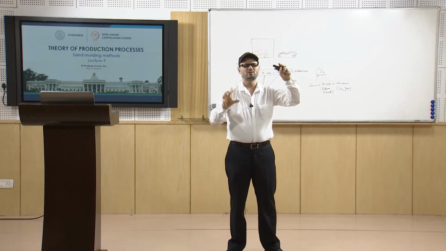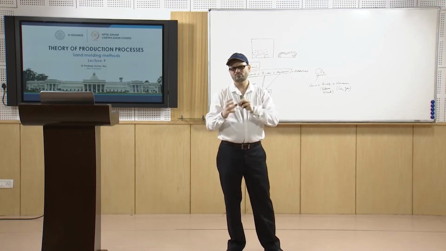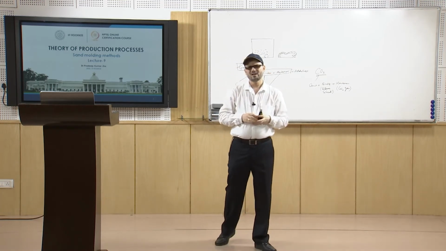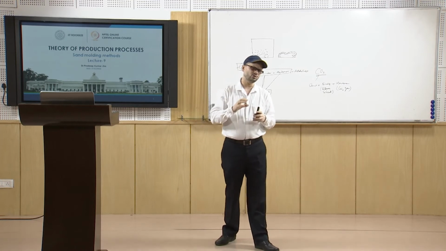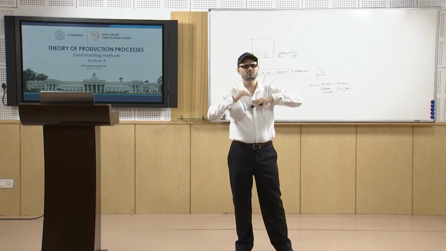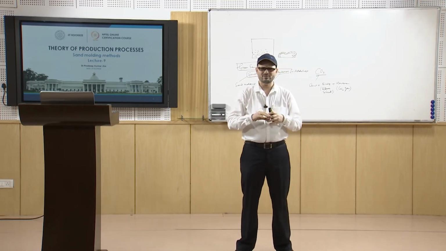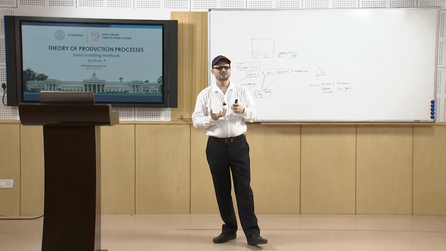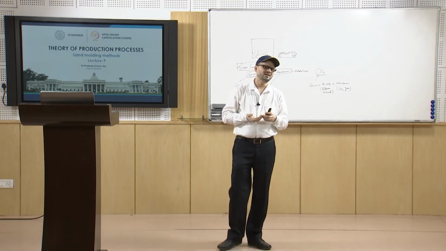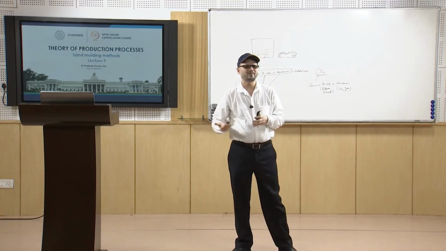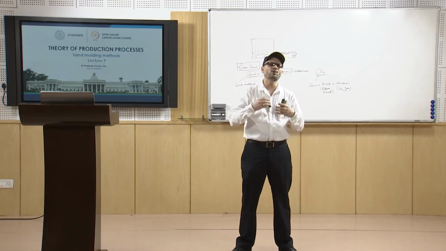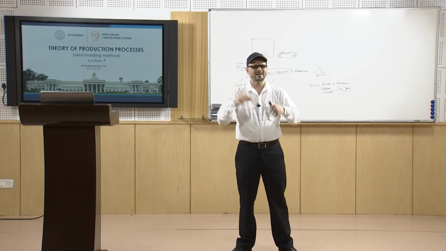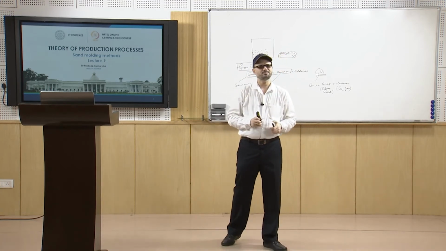The core will be placed and it has to be seen that it is at the proper place, and closing and wetting of the cores is also seen. The core should be towards the drag half, otherwise it will float. Otherwise there may be misalignment or other problems related to buoyancy when the molten metal enters the cavity.